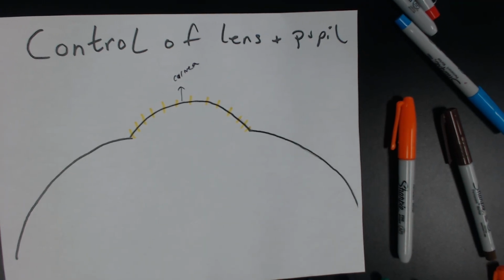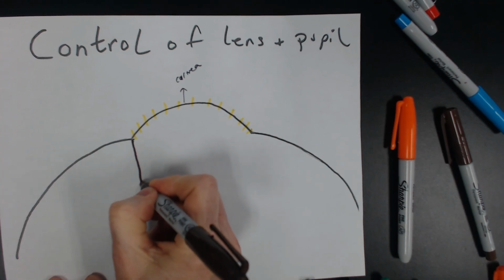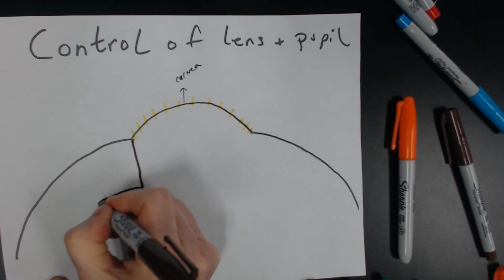Part of your vascular layer. It's actually a muscle. Going to come next. This is going to be your ciliary body.